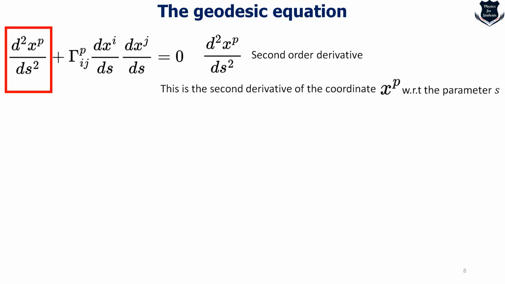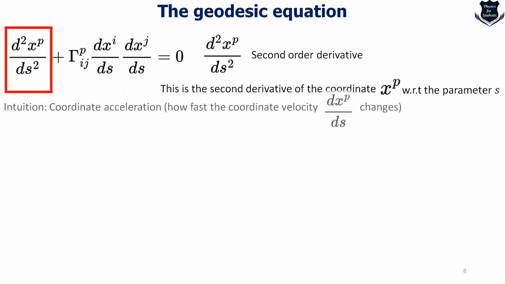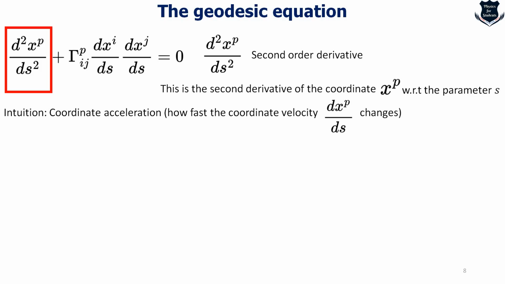Intuitively you can think of this as a coordinate acceleration. That means how fast the velocity of the coordinate, dxp by ds, changes. In flat Cartesian coordinates for a straight line, this term alone means 0, in terms of constant velocity. So I have told you the intuition.